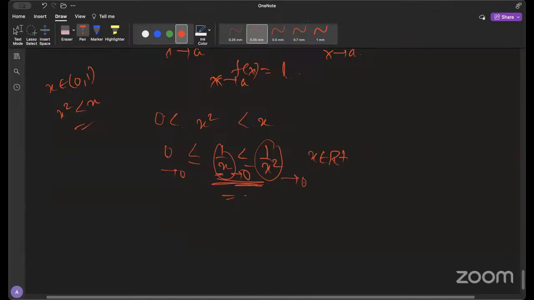This one. Yes. So we're considering x to be a positive real number. Otherwise, this is not true. First thing is this: it is only true when x is a positive real number.